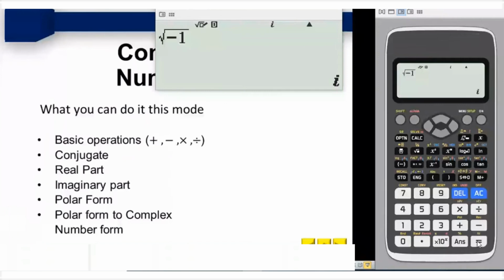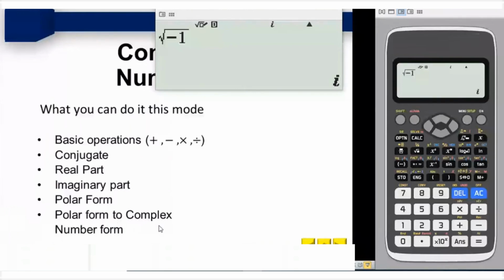So if the sign before the complex term is changed, it becomes a conjugate. Then we'll try to find out what is a real part, what is an imaginary part. A complex number comprises a real part and an imaginary part. Polar form is one of the forms of writing complex numbers, and polar form to complex number form is also what we'll be studying today.